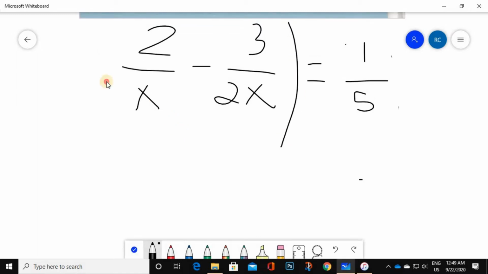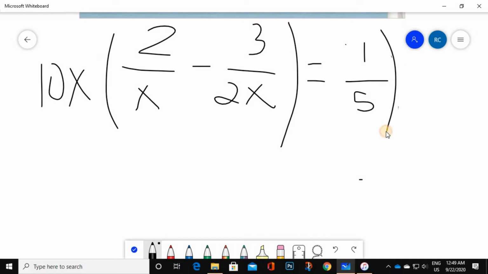On the left side of the equation, multiply by 10x. And then the right side of the equation, also 10x. So we have 10x multiplied to 2 over x. Eliminate the x.